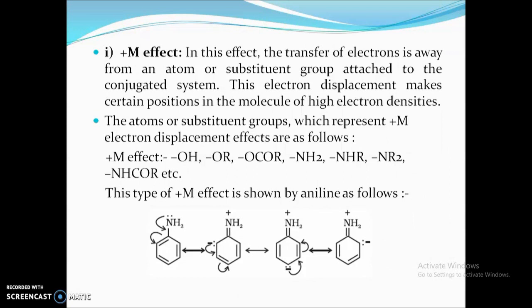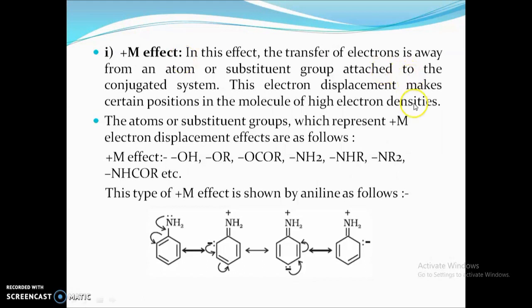Now, mesomeric effect is also of two types, plus M effect and minus M effect. First we come to the plus M effect. In this type of effect, transfer of electrons is away from the atom or substituent group that is attached to the conjugated system.